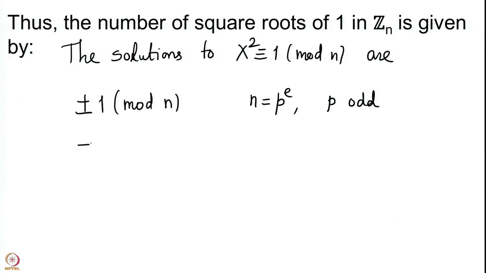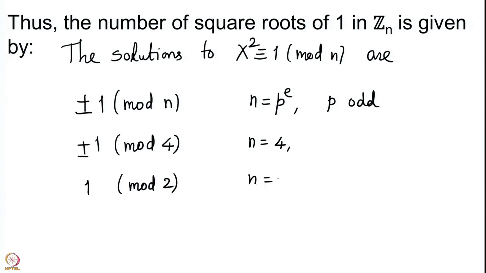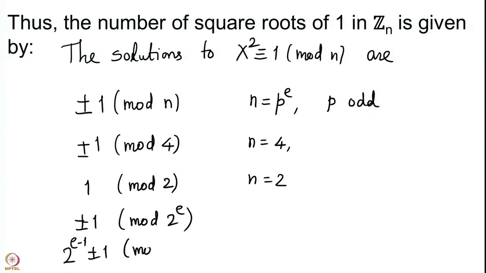Another case is when you have just 1 or minus 1 modulo 4. Of course, you have n equal to 4. Modulo 2 you have only one solution, and in the final case when you are looking at 2 power e, then we have these 4 solutions.